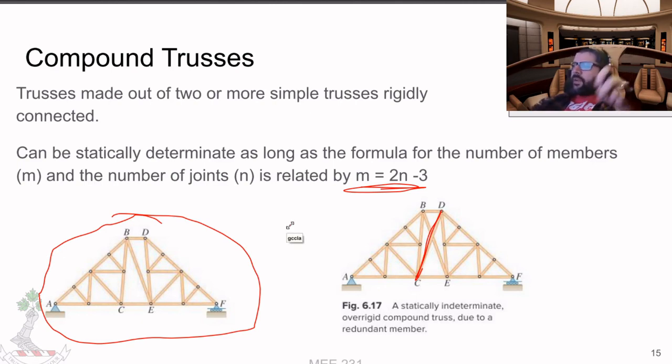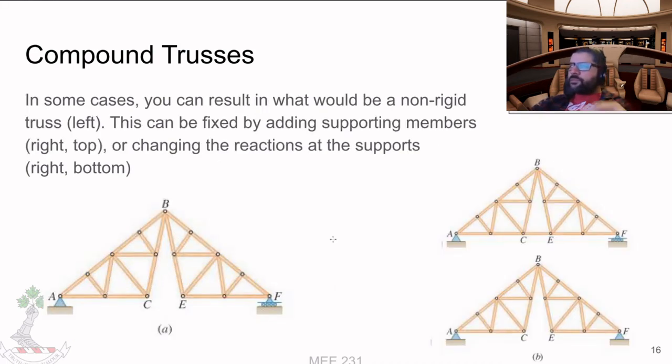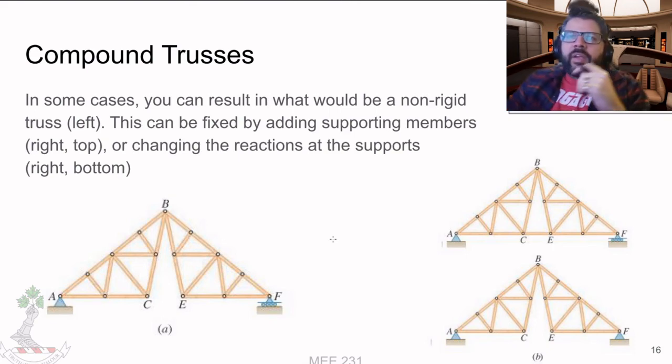But as long as you're not trying to connect too much stuff together, then you're not going to risk making it too rigid as you go. In some cases, you might try to connect stuff together in a manner that would be non-rigid.